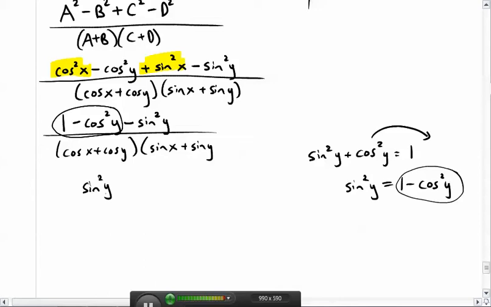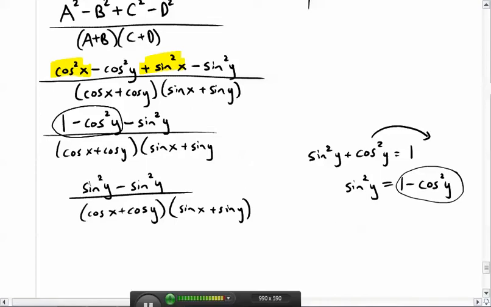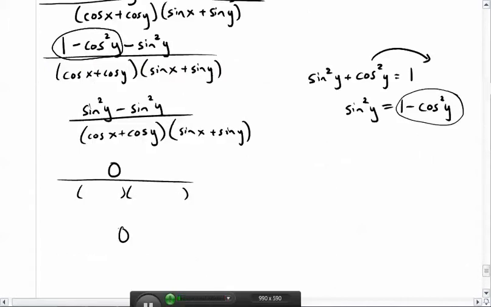So sine squared y minus sine squared y is on the top of my fraction. The bottom stays the same. And sine squared minus sine squared is 0. And 0 divided by anything is 0. So 0 equals 0. We're done.